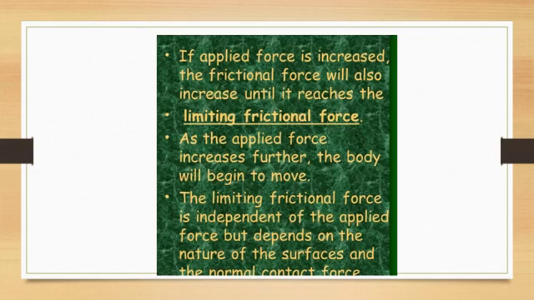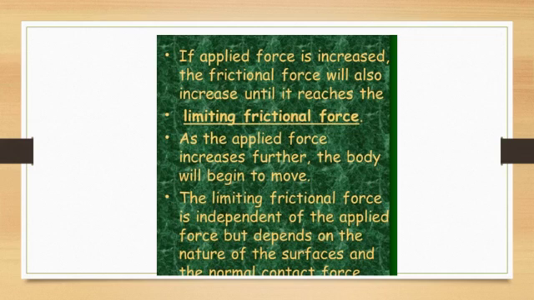So what we have concluded: if the applied force is increased, the frictional force will also increase until it reaches the limiting frictional force. As the applied force increases further, the body will begin to move. The limiting frictional force is independent of the applied force but depends on the nature of surfaces and the normal contact force.